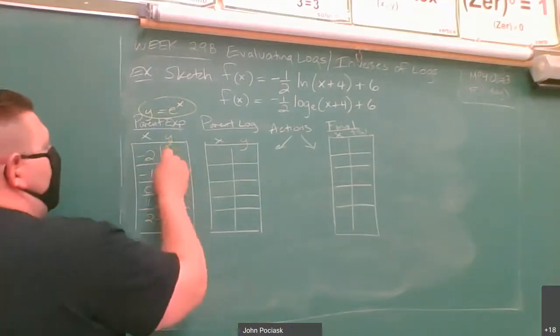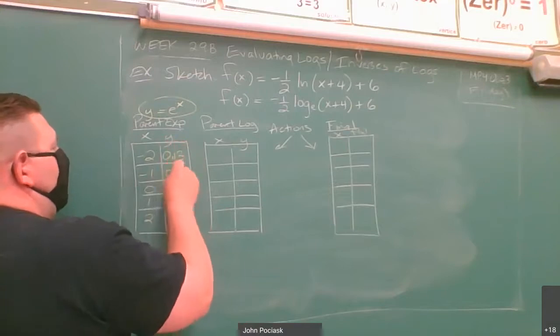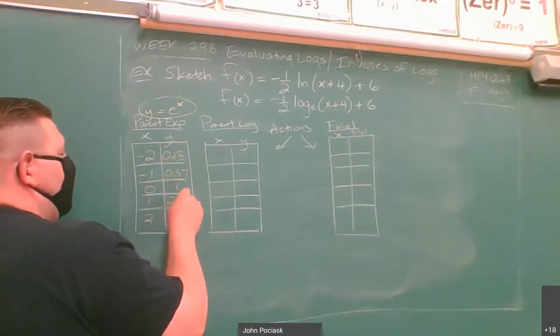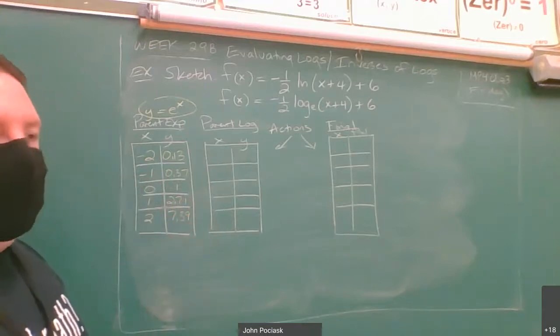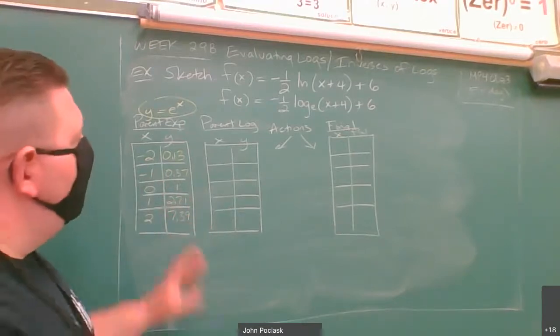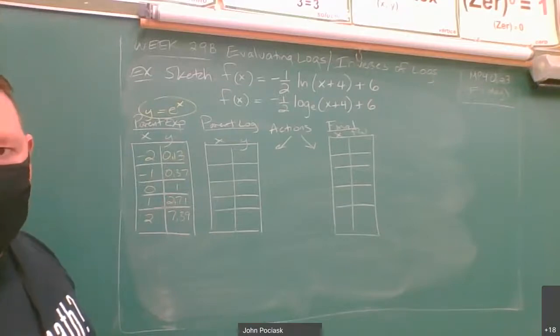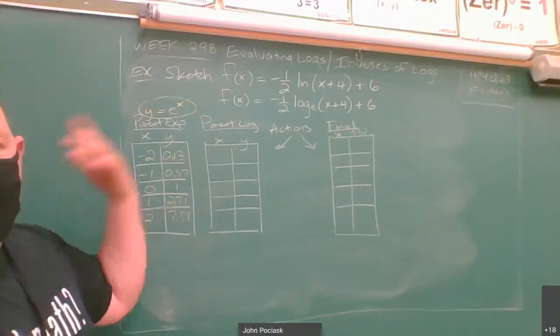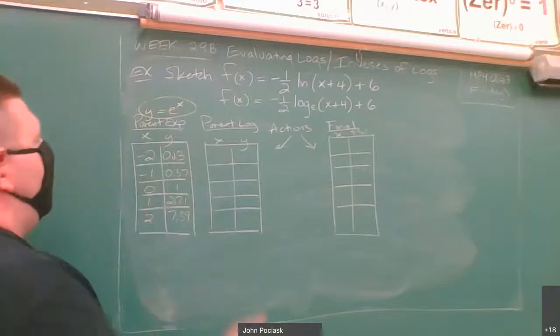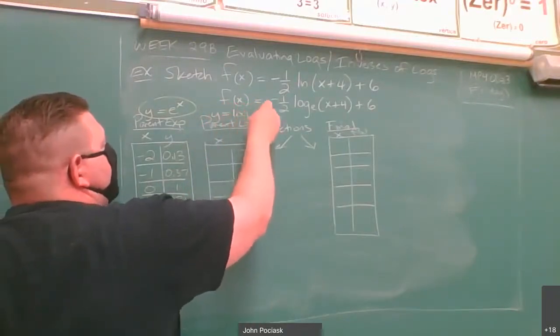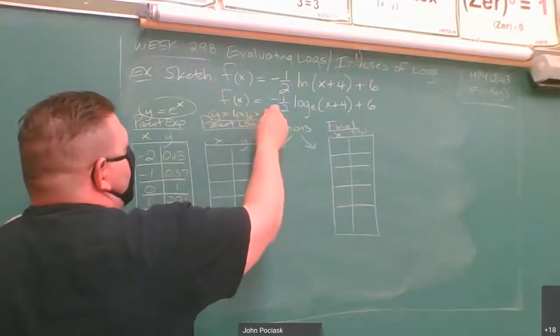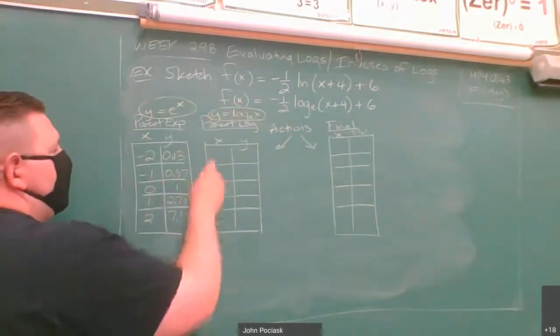So it's 0.13, 0.37, 1, 2.71, 7.39. You take that table and flip the columns, because the parent logarithm is the inverse. That is going to be for log base e of x, the natural logarithm. Switch the columns.